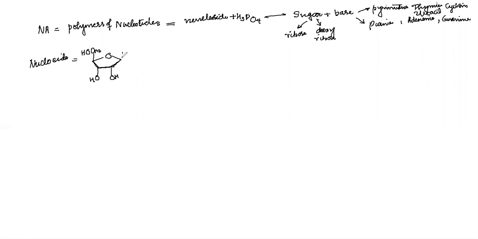Then here the base is getting fixed. So you have the two nitrogens, one is here, one is here, 1, 2, and 3 double bonds, it's aromatic, and NH2.